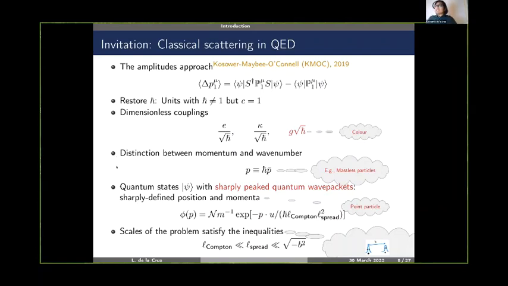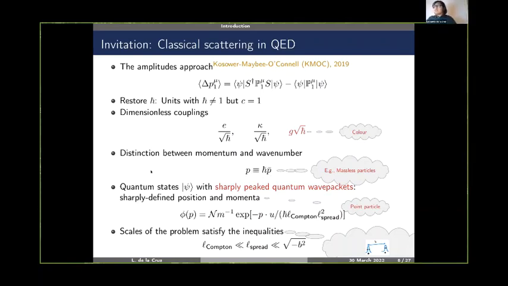Another thing that I have to do when I use the Kosower, Maybee, O'Connell formalism is make a distinction between the momenta of a particle and the wave number of a particle. This means that particles that are massive are going to be described by momenta, whereas particles that are massless, for example, are going to be described by wave numbers.